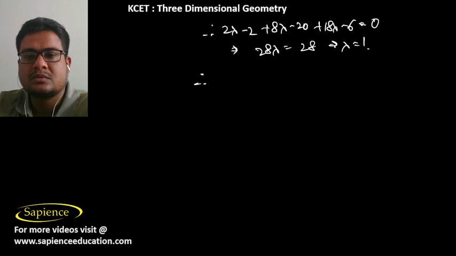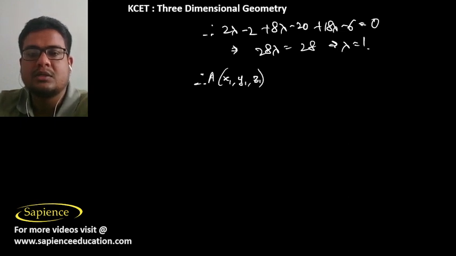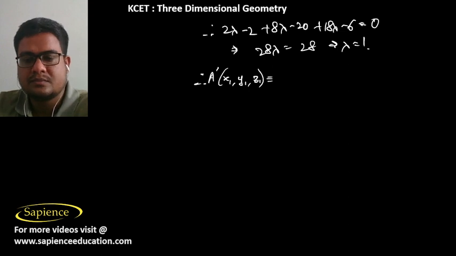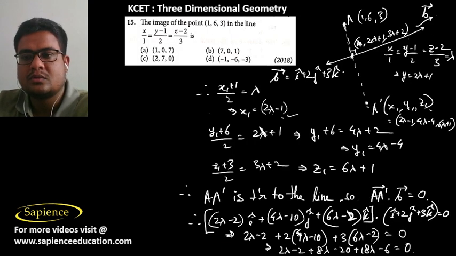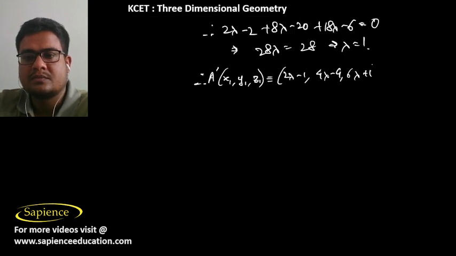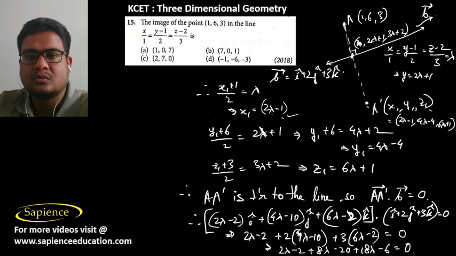Therefore x1 comma y1 comma z1, the coordinates of the point A dash, will be equal to 2 lambda minus 1 comma 4 lambda minus 4 comma 6 lambda plus 1. So that will be 2 minus 1, that is 1, 4 minus 4, that is 0, 6 plus 1, that is 7. So 1 comma 0 comma 7. Option A is the correct answer.